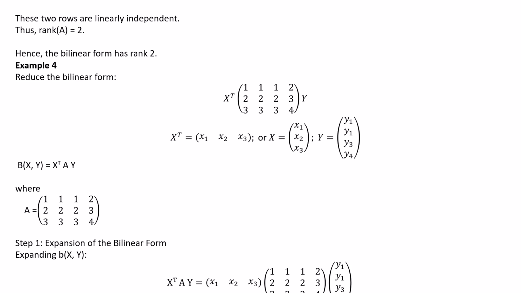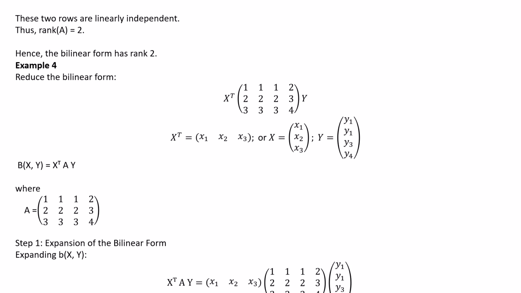You have it as X transpose multiplied by A, then multiplied by Y. When you transpose your x, you can see from the matrix A, we have 3 rows and 4 columns, so it's a 3 by 4 matrix. The row here is our x, so we have x1, x2, x3.